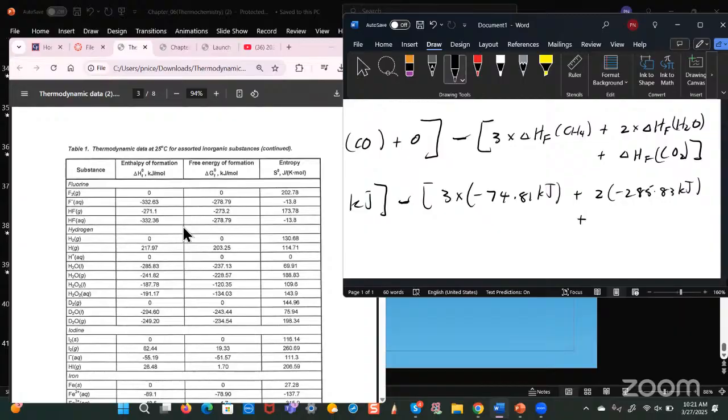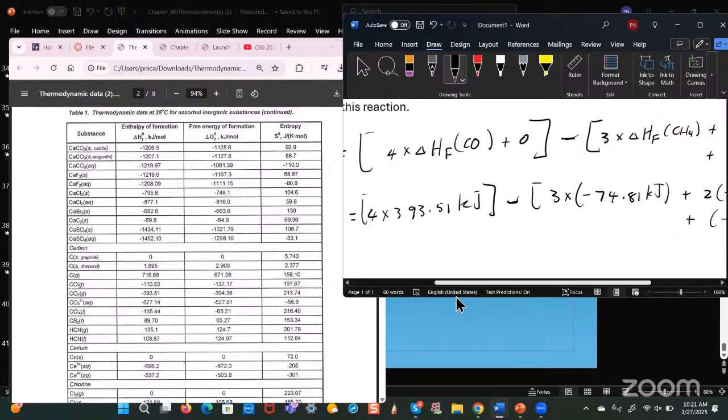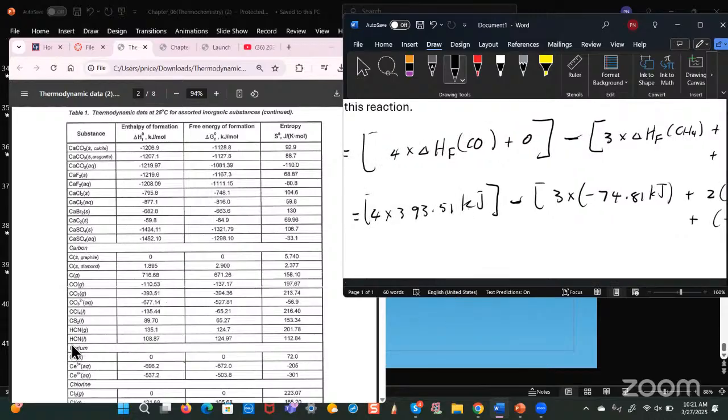So you have to scroll up. Carbon dioxide, where's carbon dioxide? Carbon dioxide is minus 393. I think I may have made a mistake. Let's check something here. Yes, I made a mistake. This should be for carbon monoxide, so let me erase this here.